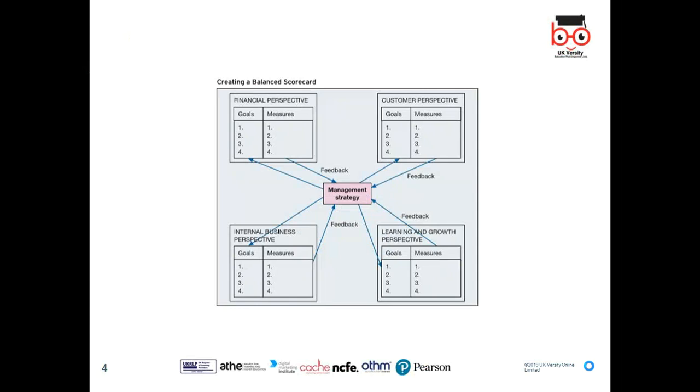Okay. Balanced scorecard is a quite popular concept which we use in management. When we make management strategies, we focus on the financial perspective. We can set the financial goals and put in measures. Customer perspective: we look at the customer, what goals we have to maximize sales, maximize customer satisfaction, reduce lead time and delivery time.